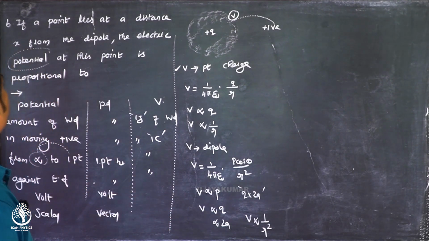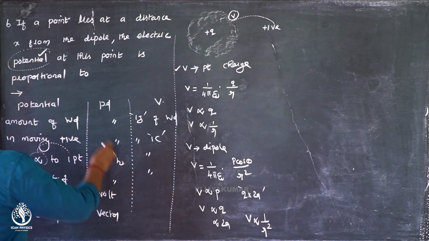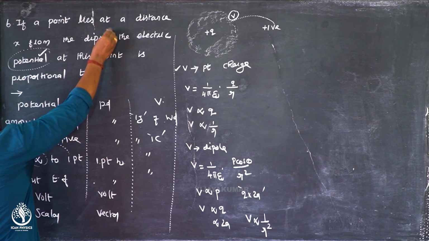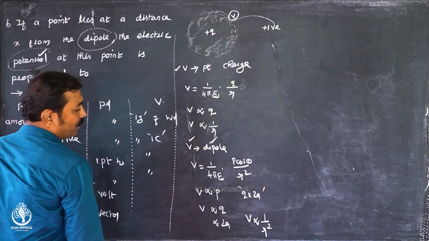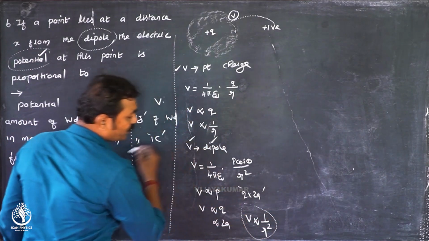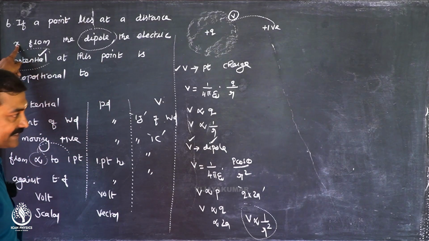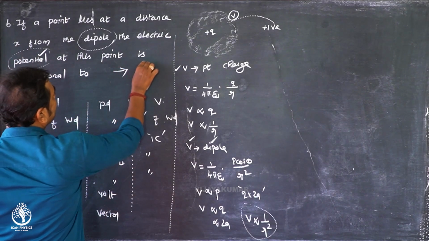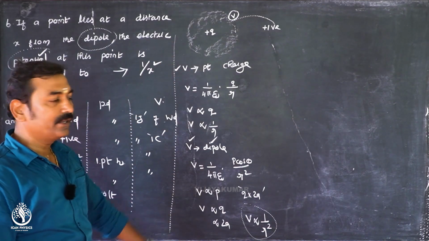Now we get into the question. Potential due to dipole is inversely proportional to square of the distance. But here the distance is taken as x, so your answer is 1 by x squared. Okay, do you get it now?